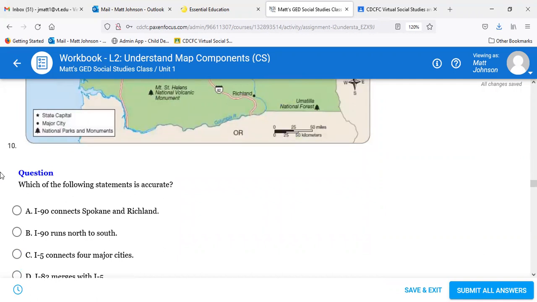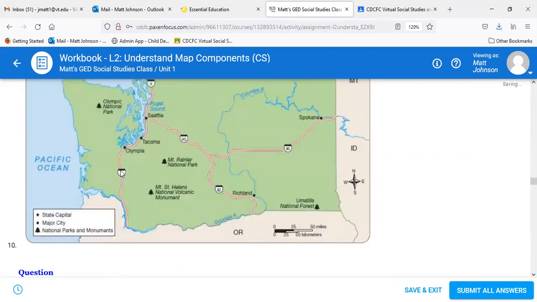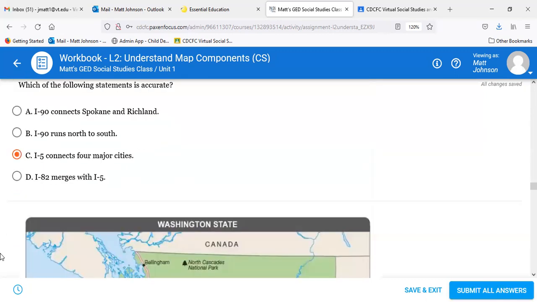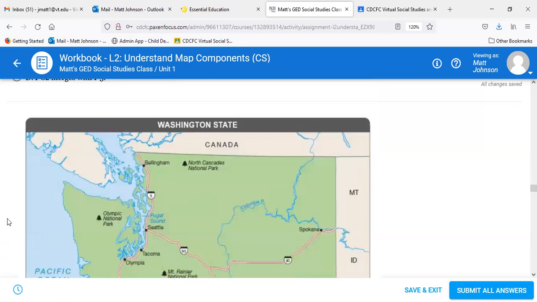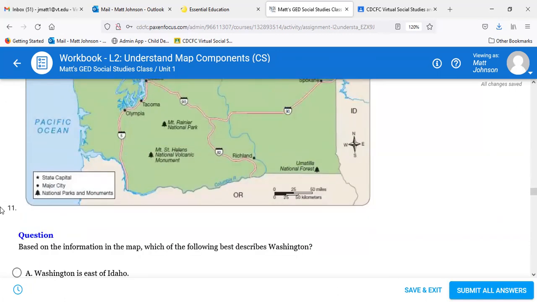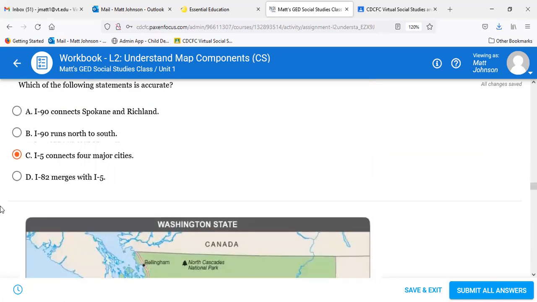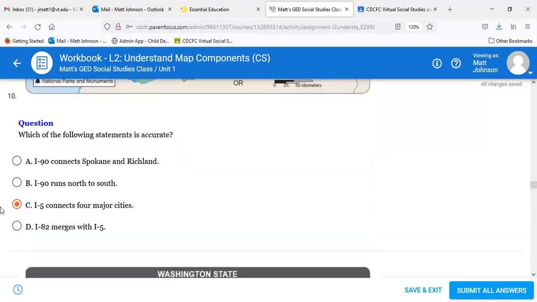No, never mind. So C, I-5, right? It connects 3 major cities. The thing about interstates, if you're not aware, odd number interstates run north-south, and even number interstates run east-west. We're going to see a little bit of that when we get to Georgia. So 10 was C, 11.